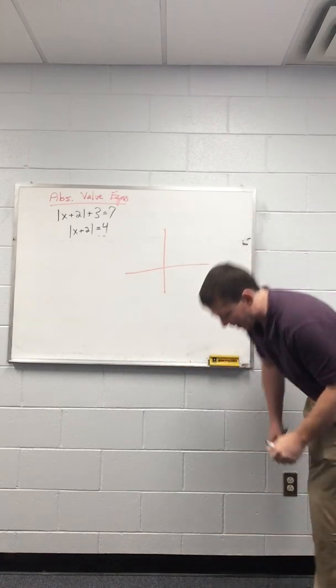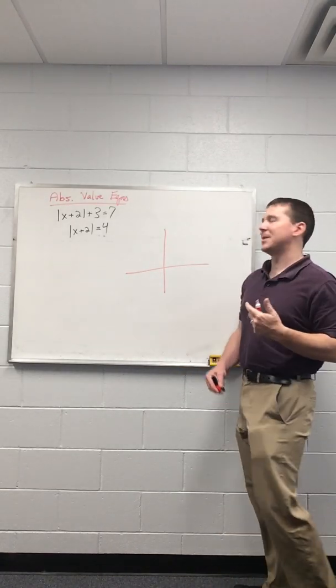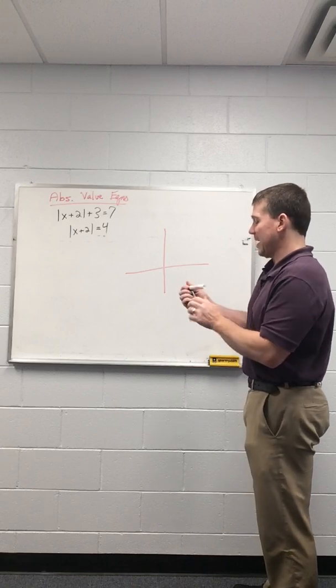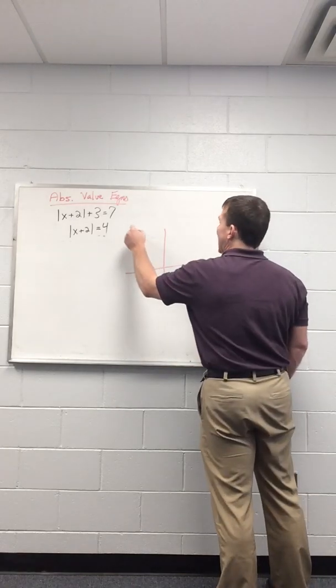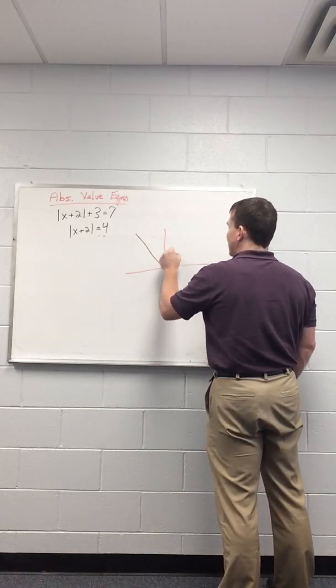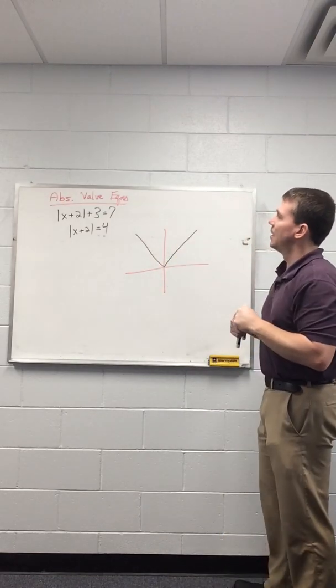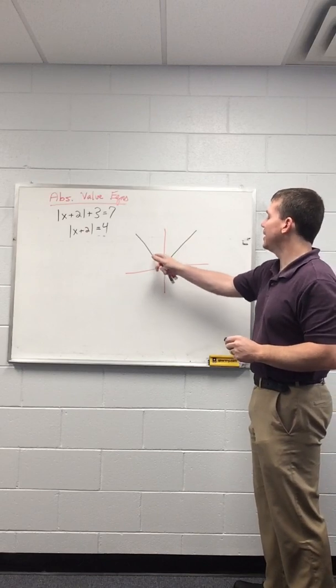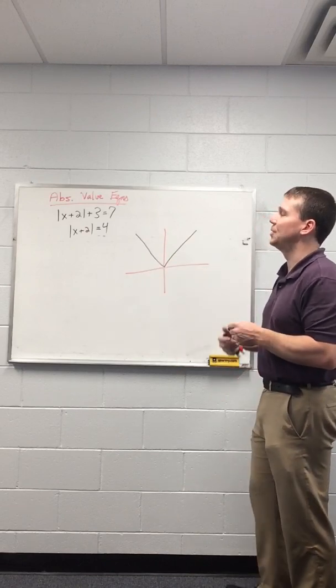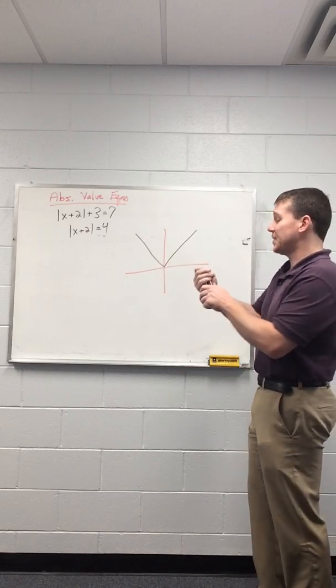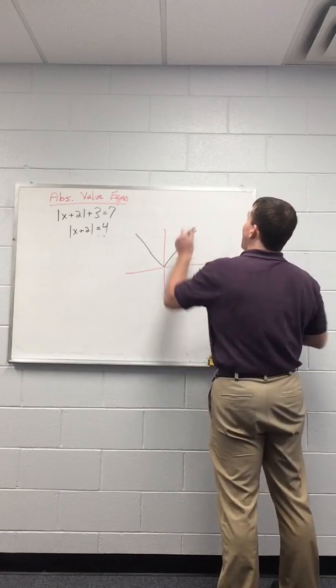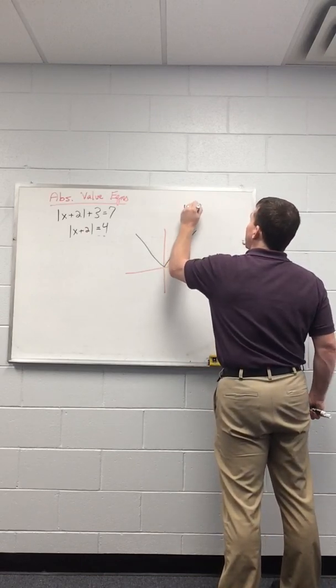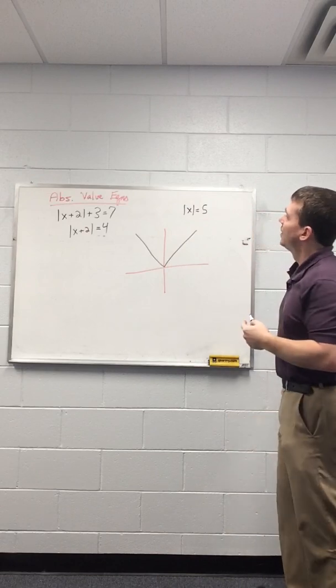If we think about the graph, which we will cover later in the semester in greater detail, for right now, the absolute value graph just looks like a V, like this, if you haven't seen it before. The absolute value of 1 is 1, 2 is 2, negative 1 is 1, negative 2 is 2. Suppose I want to know where the absolute value of x equals 5.